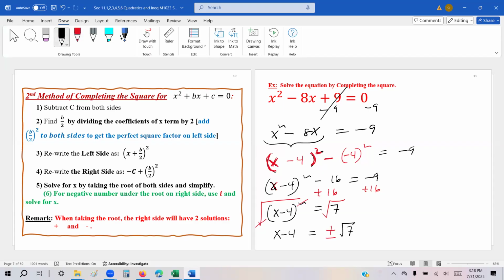Is our x alone yet? We just need to get rid of this 4. So we add 4 to both sides. And we get x is 4 plus minus square root of 7.